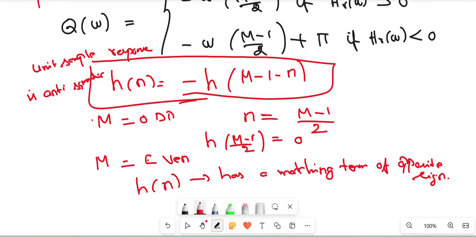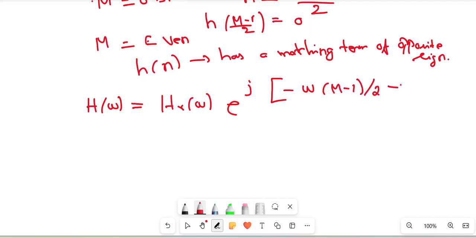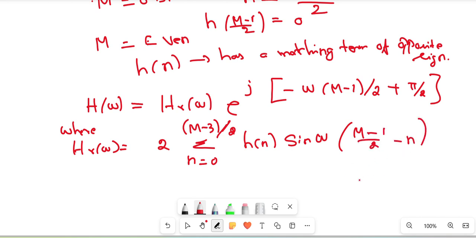So, if the filter is antisymmetric, the frequency response can be expressed as Hr of omega into e to the power j times (minus omega (M minus 1) by 2 plus pi by 2), where the real function Hr of omega is equal to 2 summation of n equal to 0 to (M minus 3) by 2 of h of n sin omega ((M minus 1) by 2 minus n) if M is odd.